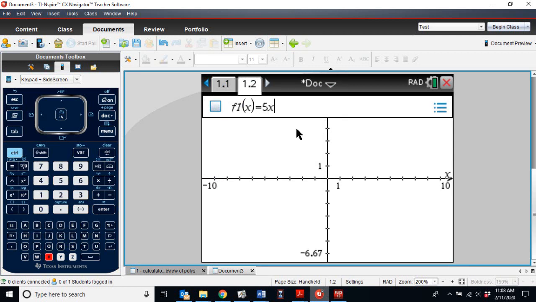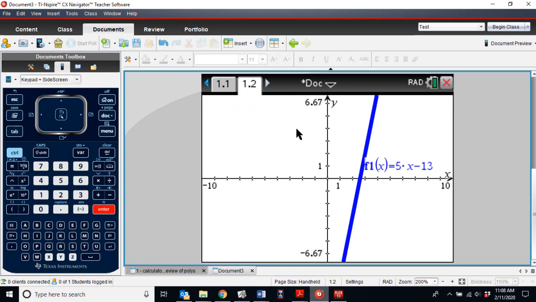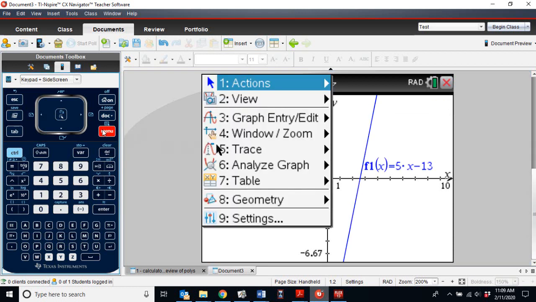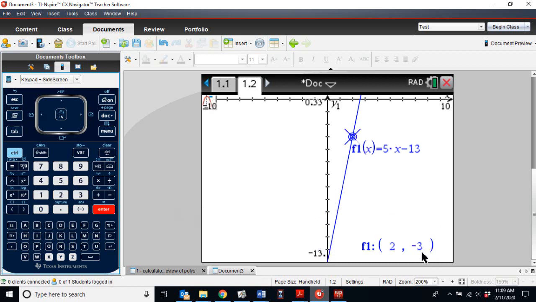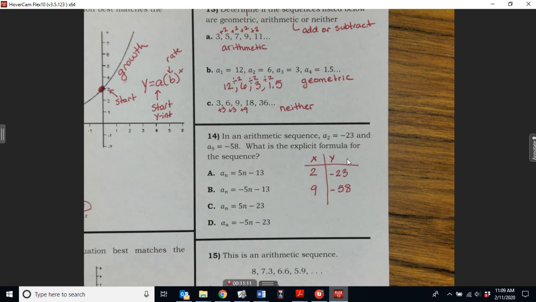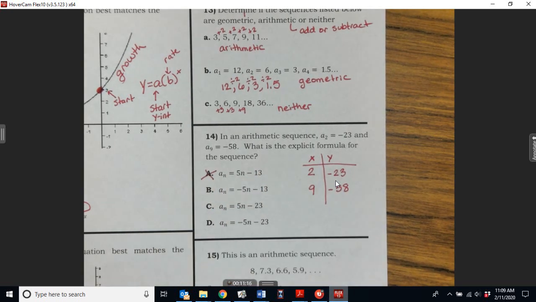But we have to use x instead of n. So 5x minus 13. And then we press menu 5, 1. And the number we're looking for is 2. Well, this one says 2 goes to negative 3. But here, 2 goes to negative 23. So A is not your answer.